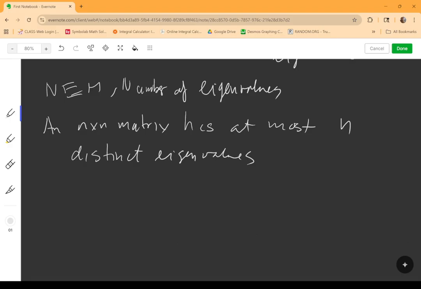So this essentially gives us a bound on the complexity of an eigenvalue problem. If it's 5 by 5, then I'm solving a fifth degree polynomial with at most 5 distinct eigenvalues, but the sum of all the algebraic multiplicities would be 5.